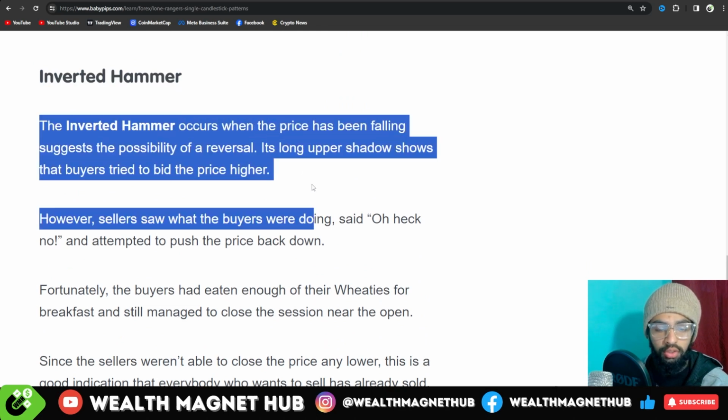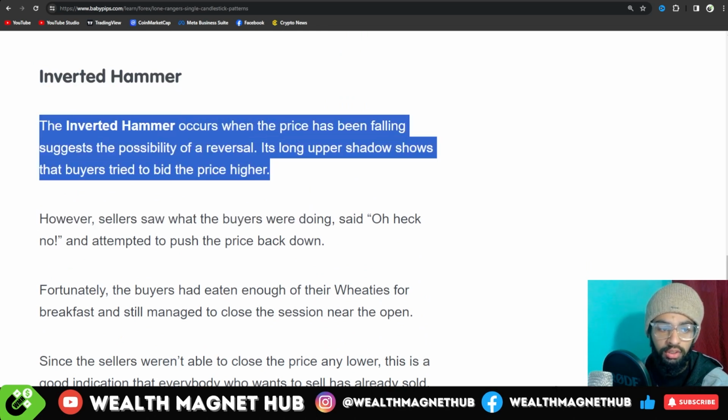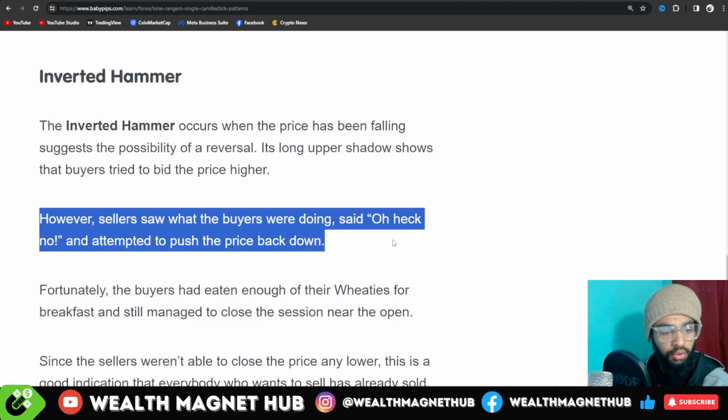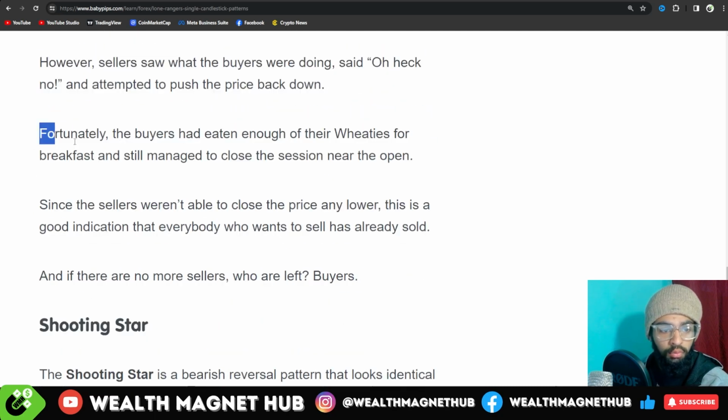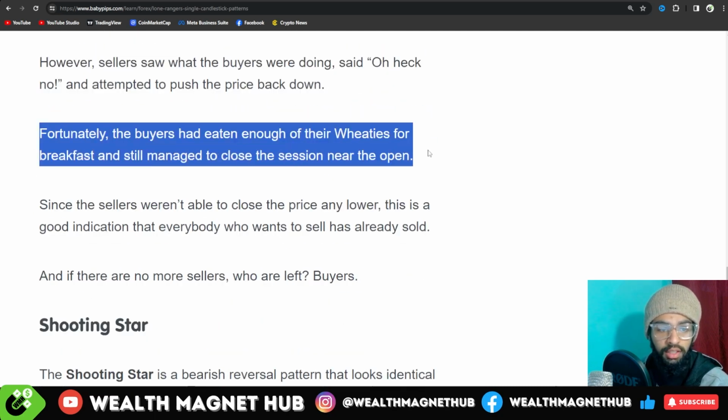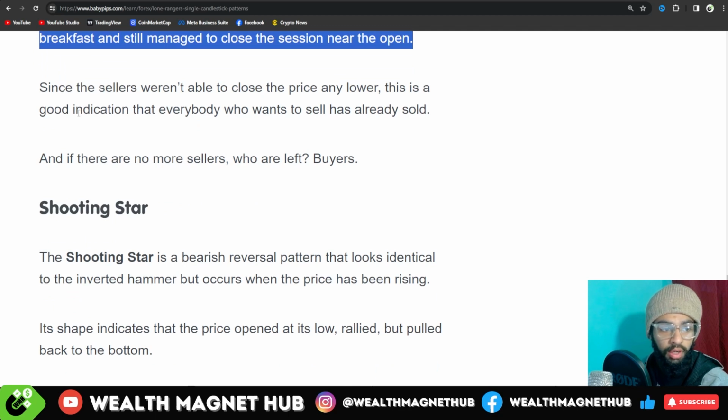The inverted hammer occurs when the price has been falling, suggesting the possibility of a reversal. Its long upper shadow shows the buyers tried to bid the price higher. However, sellers saw what the buyers were doing and said, oh heck no, and attempted to push the price back down. Fortunately, the buyers had eaten enough of their Wheaties for breakfast and still managed to close the session near the open.